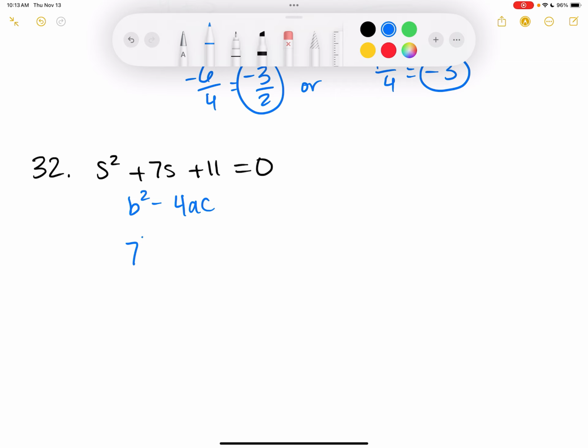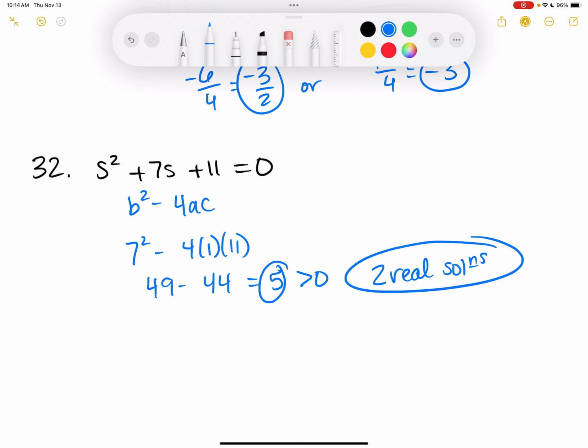So 7 squared minus 4 times 1 times 11. That's 49 minus 44 equals 5. So that is greater than 0. This is the discriminant value. It's greater than 0, which means I have 2 real solutions.